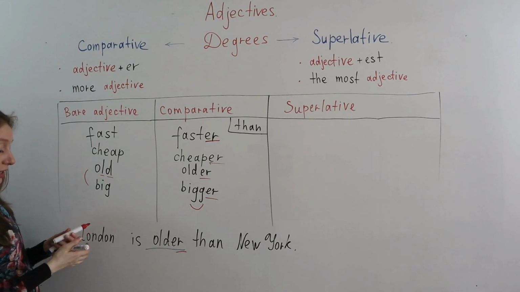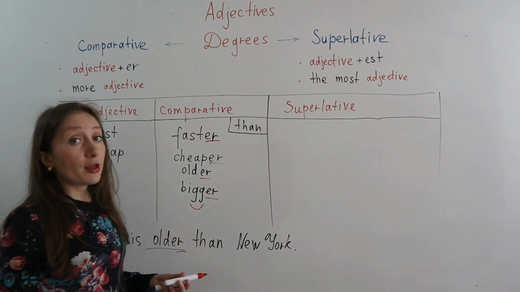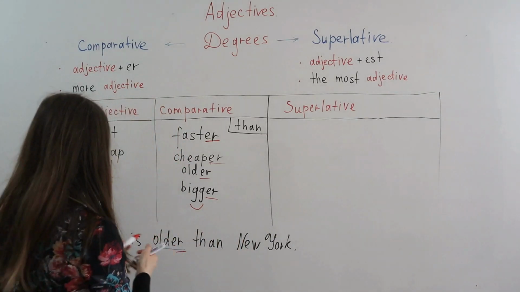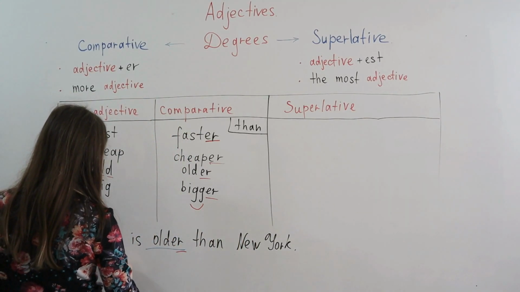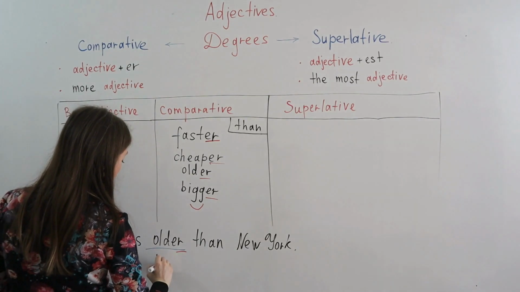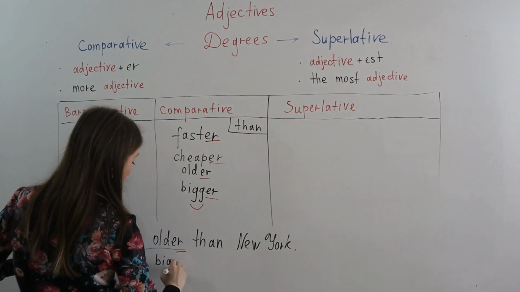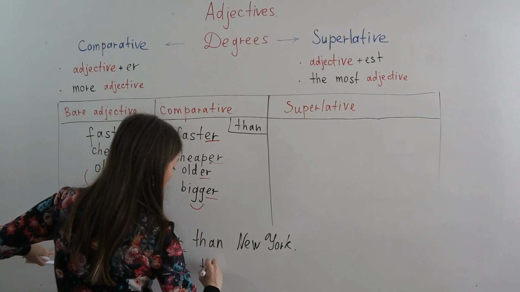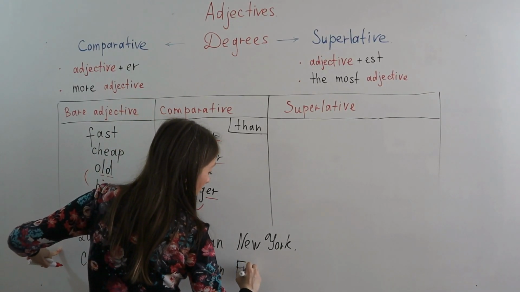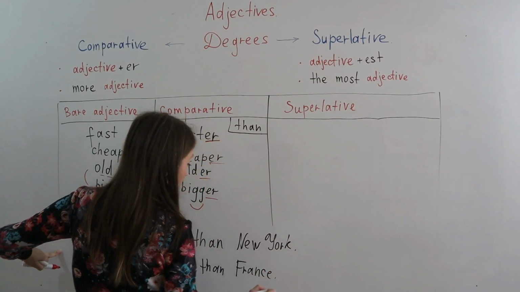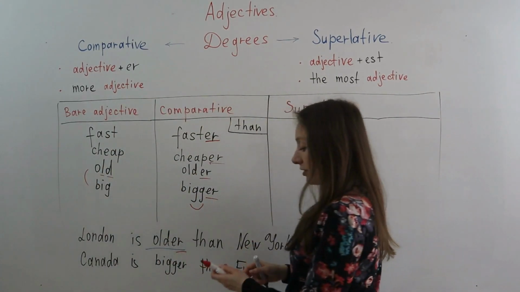For example, Canada is bigger than France. Let me write it. Canada is bigger than France. So Canada is bigger than France.